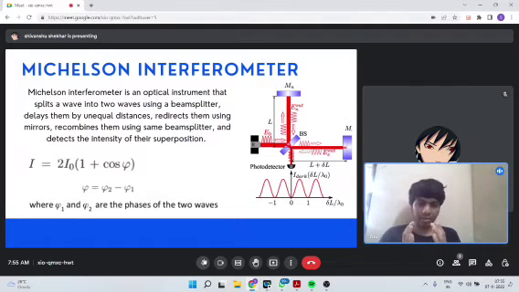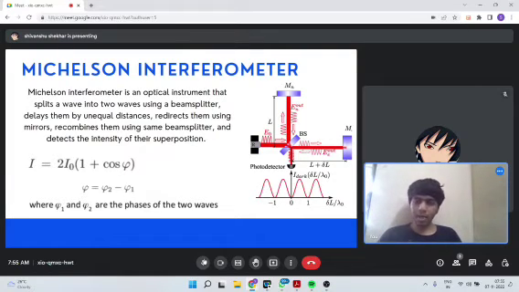Now, if the phase difference is such that it's a multiple of 2 pi, you'll have a maximum at the photodetector end. Whereas if it's an odd multiple of pi, you'll have a minimum which is almost zero intensity. So based on the optical path and the thus induced phase, we will have a pattern of interference based on the distance which is being traveled.